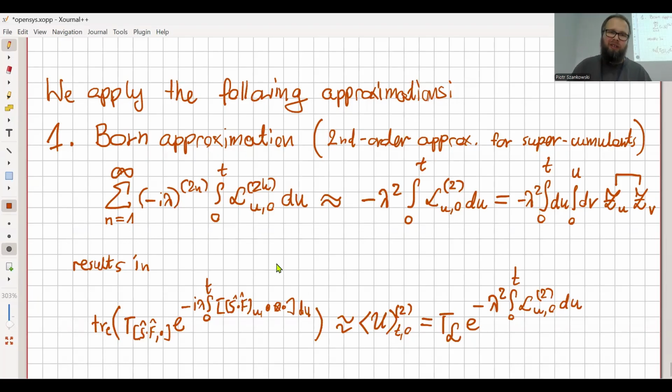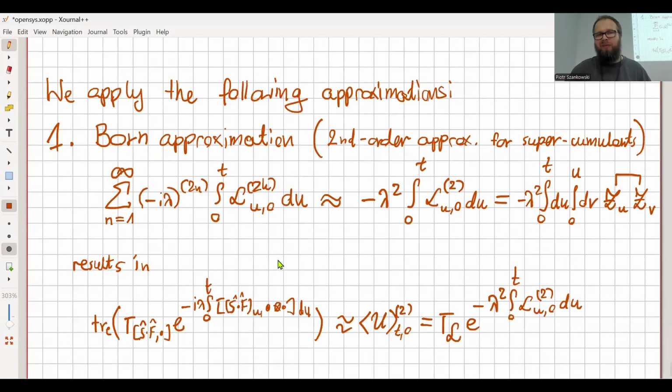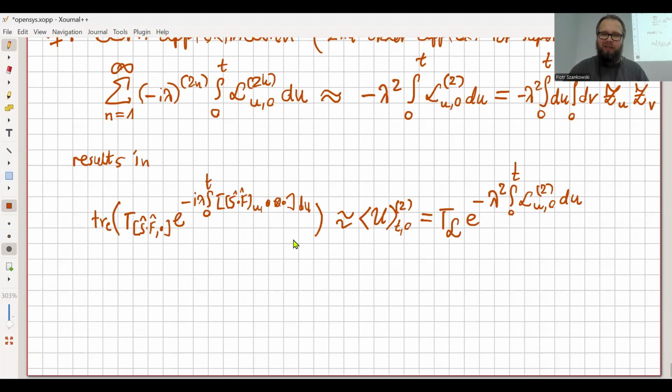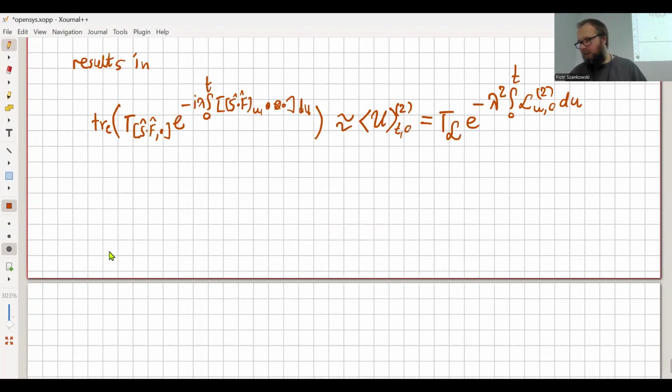This is what we did in the first step. This is like what we discussed two lectures ago, but with the decision made that we cut the supercumulants at second order, the lowest order approximation. But that's not all.